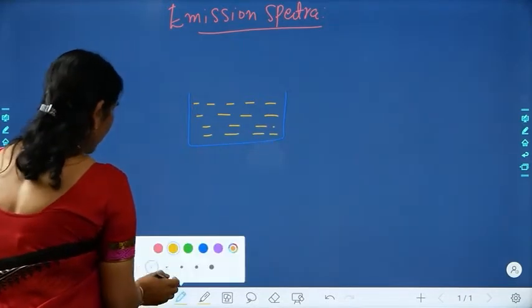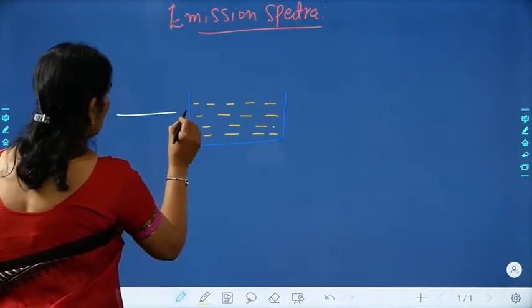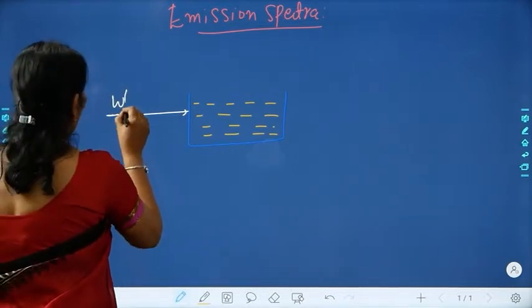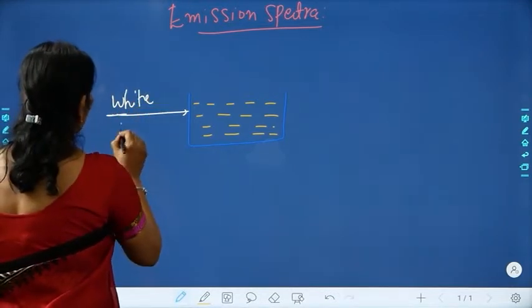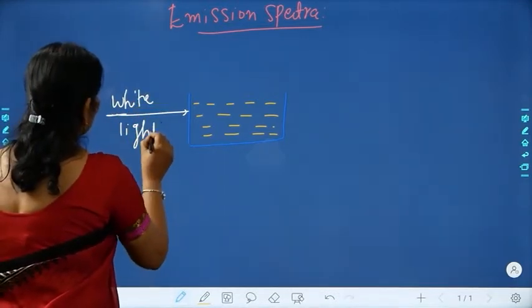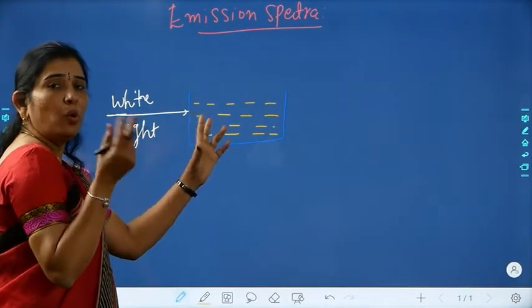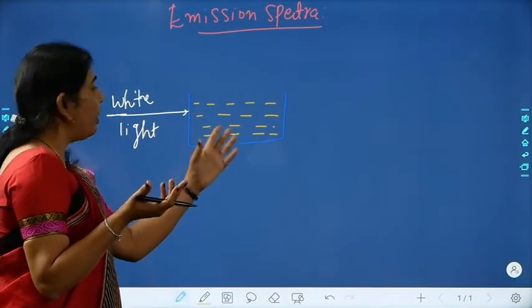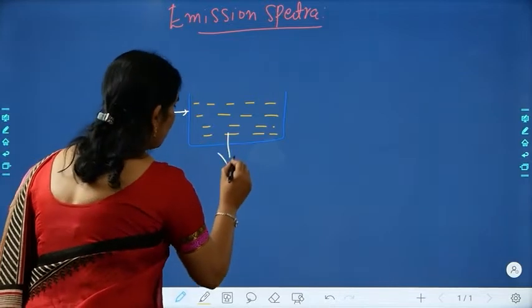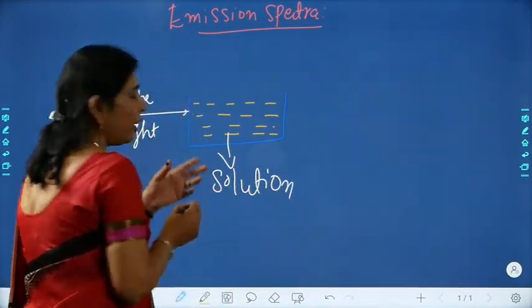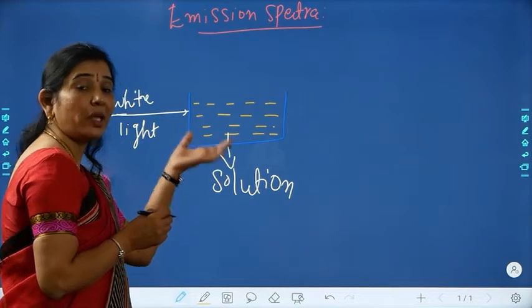So now when your white light is allowed to pass through this solution, this is a white light. So what is going to happen here? I told blue and green, for example, may get absorbed by this solution, like you assume. Now here, this light radiation is absorbed by what?